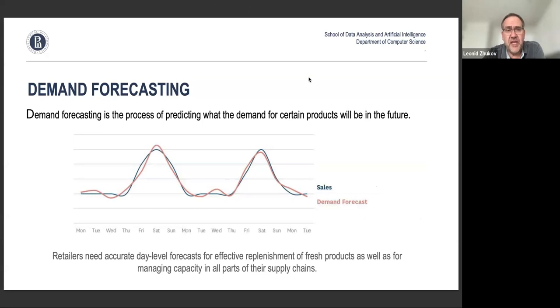But very often retailers really want a day-level forecast for effective replenishment of products, especially if we're talking about fast-moving consumer goods, food items, or restaurants. There, you actually want a daily forecast that will take into account not only average demand, but also weather information.